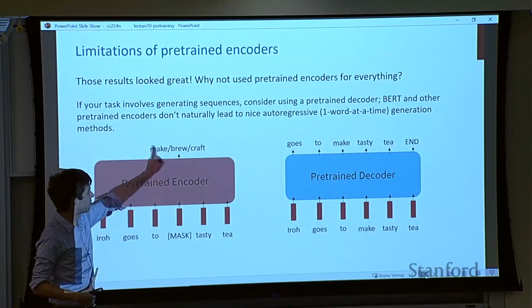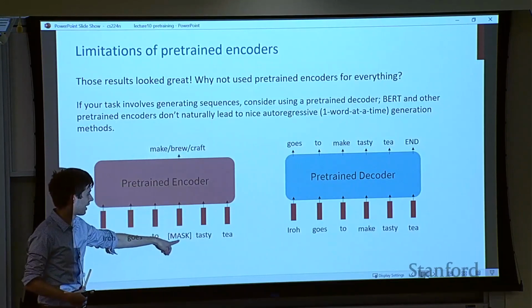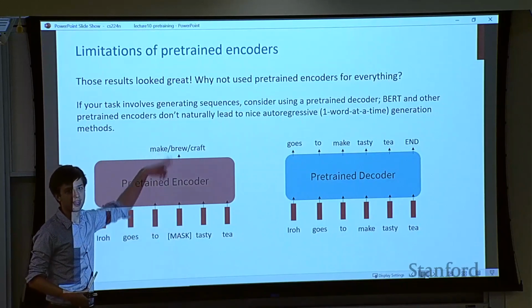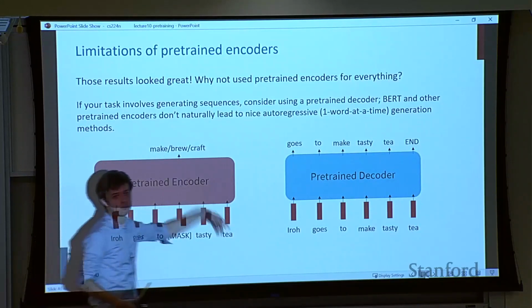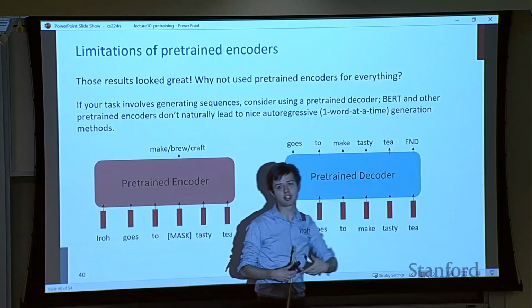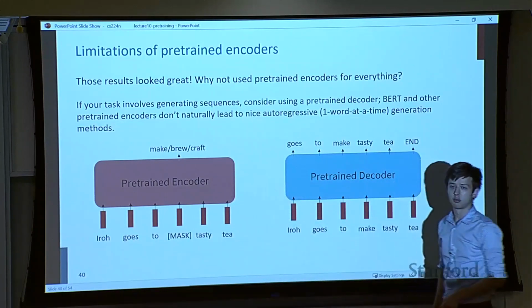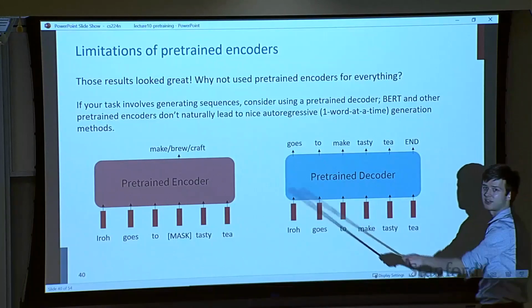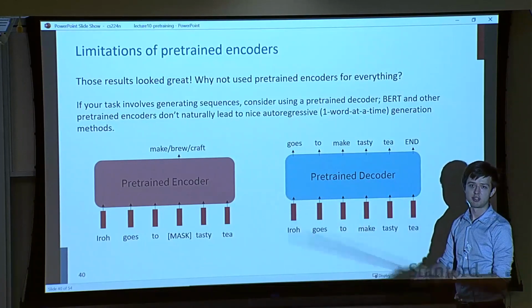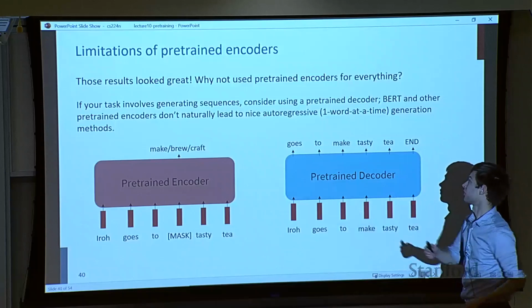You can sample what things should go in a mask. So here's a mask. You can put a mask somewhere, sample the words that should go there. But if you want to sample whole context, if you want to get that story about the unicorns, for example, the encoder is not what you want to do. So they have different contracts, and they can be used naturally, at least, in different ways.